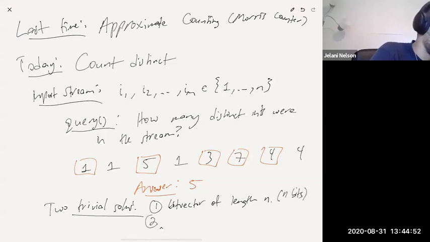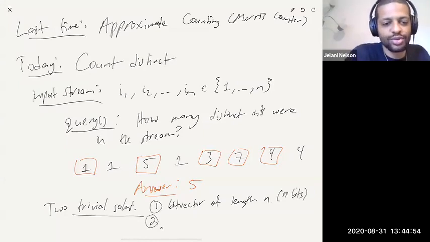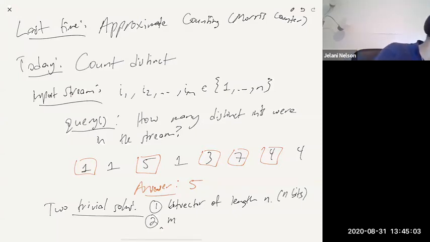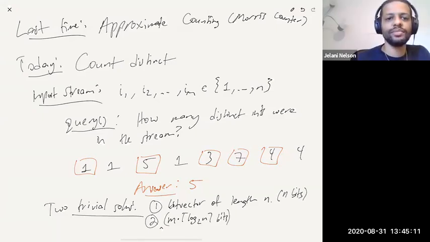The second trivial solution is just to remember the entire stream. Each input in the stream is a log n bit number. There are m numbers, so m log n bits. That's remembering the whole stream.